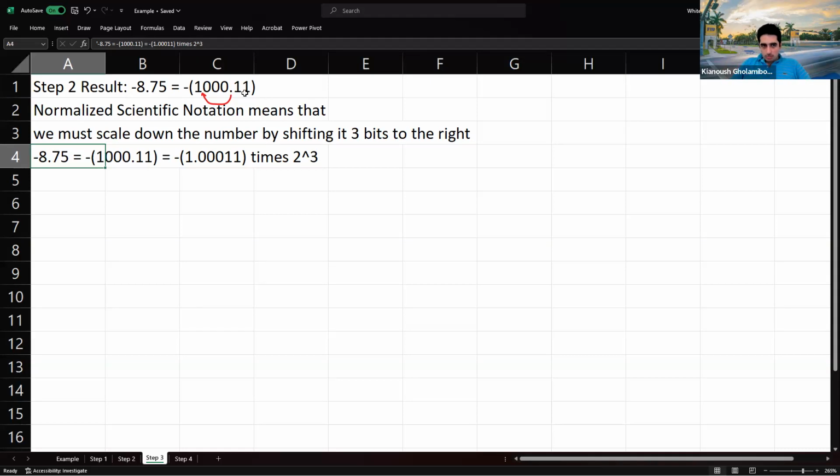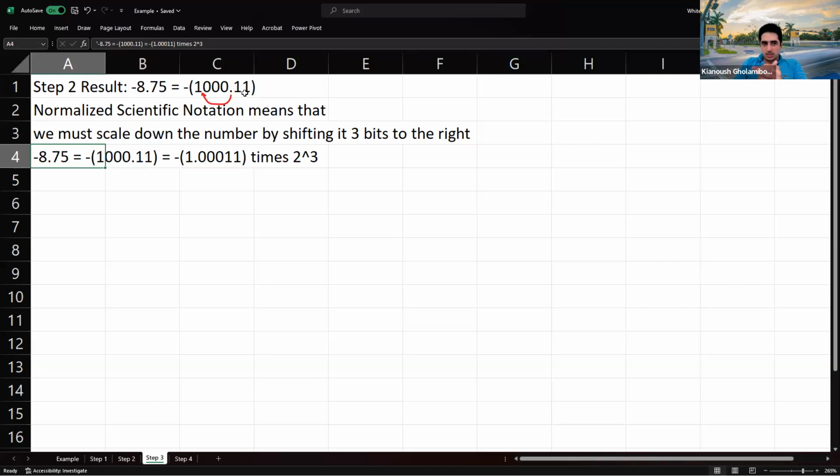To normalize a number, you need to move the binary point all the way to the left, where you only have 1 bit before the binary point, and every other bit will be placed after the binary point. So in this case, I'm going to shift the number 3 bits to the right, or move the binary point 3 bits to the left.